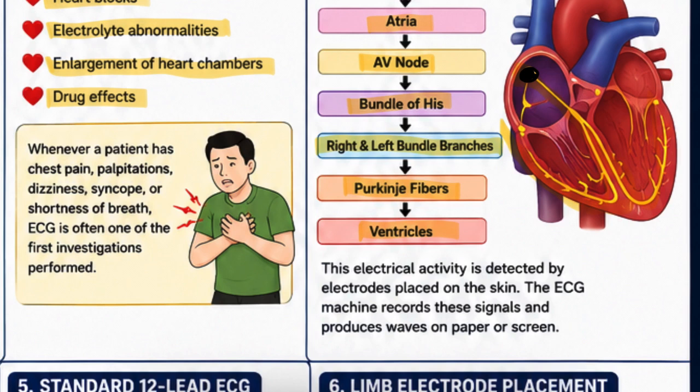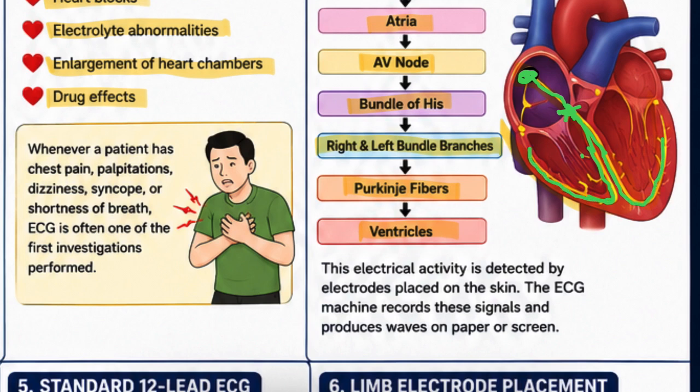You can see this image. I'm marking it with the green marker. First it will start in this SA node in the right atrium, then it will pass to the atrium, then the AV node, you can see here in between. Then after the AV node, we can see the bundle of His. Then before the Purkinje fibers, you can see the left and right bundle branches.